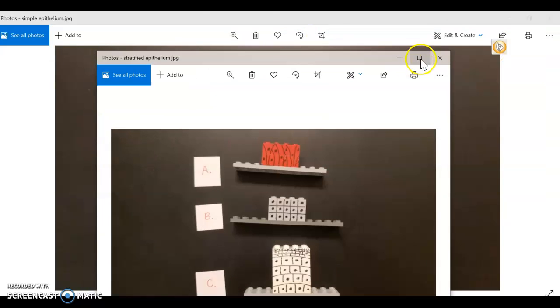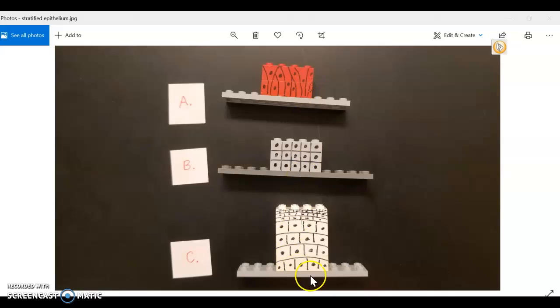So when you take a look at this last one, these look like they could be or maybe are multiple layers. So letter A, if we look, we see that there are nuclei all over the place. So we maybe think, that's interesting. Maybe that's multiple layers.